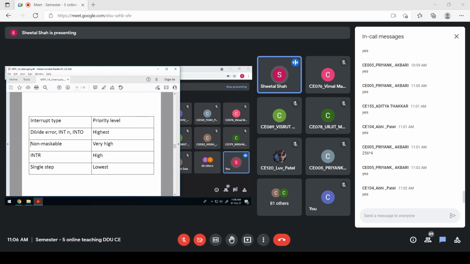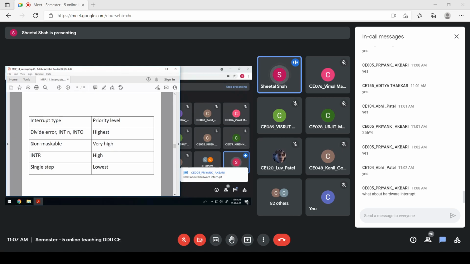But since these internal interrupts have the highest priority, if such a non-maskable interrupt occurs, the processor would start the ISR of the divide error, then suspend it, continue with the program meant for the non-maskable interrupt, and once it is finished, it would come back to this program and continue. Hope this is clear, everyone.